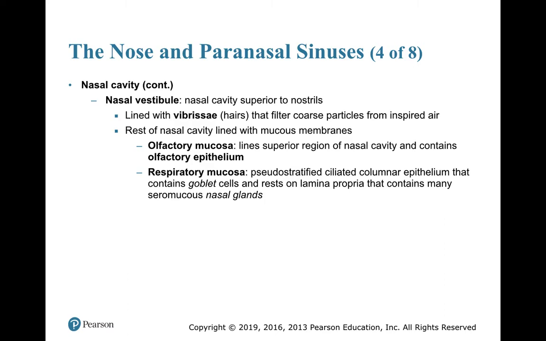There is olfactory mucosa, which lines the superior region of the nasal cavity and has our olfactory epithelium that we discussed when we talked about the special sense of smell. There's also respiratory mucosa, which is pseudostratified ciliated columnar epithelium with goblet cells resting on the lamina propria, and that has seromucous nasal glands to give us a runny nose.